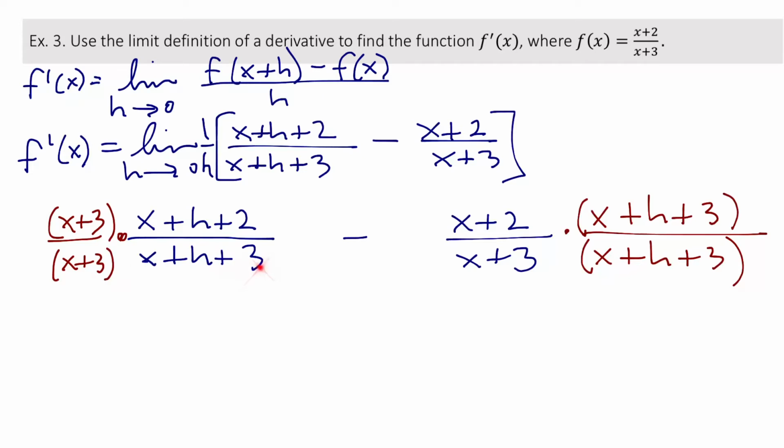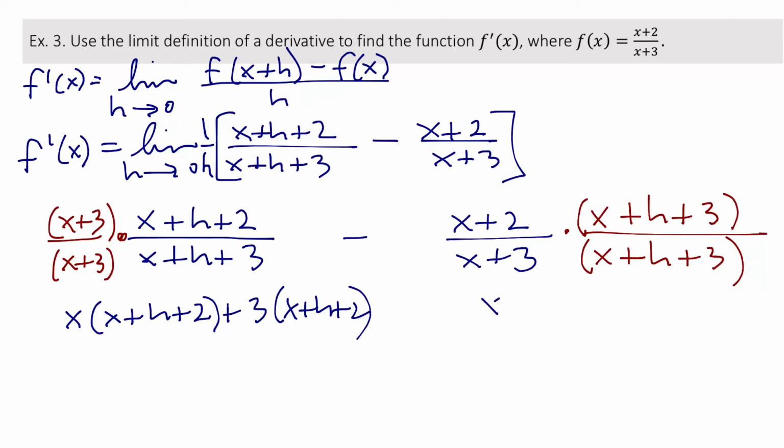Now we're going to have same, same. So we're going to distribute here, we're going to distribute here, and then we're going to create our new numerator. So let's go ahead and do the distributing. So we'll have x times x plus h plus 2, 3 times x plus h plus 2, and over here we'll have x times x plus h plus 3, 2 times x plus h plus 3.